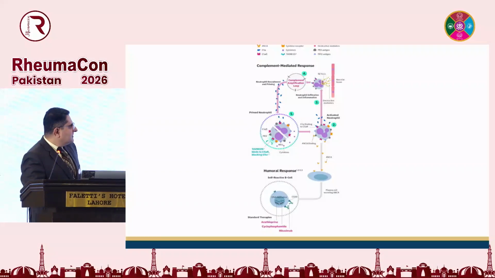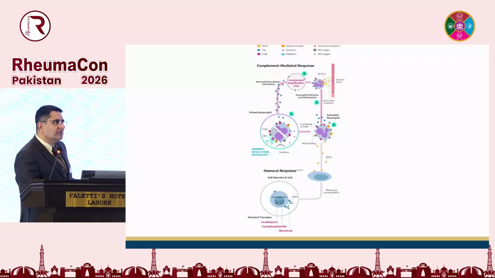This is the neutrophil, and there are C5a receptors which trigger further inflammation and NETosis, and this drug at this level stops it, while azathioprine, cyclophosphamide, and rituximab act at the DNA level.